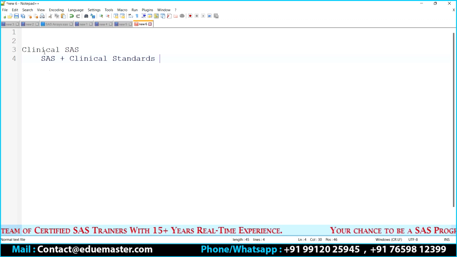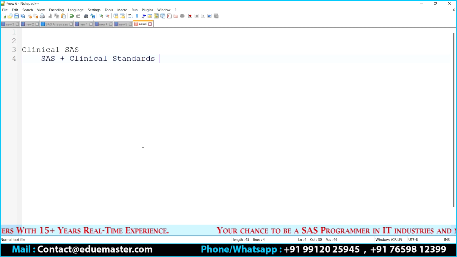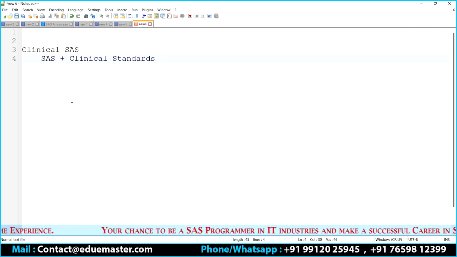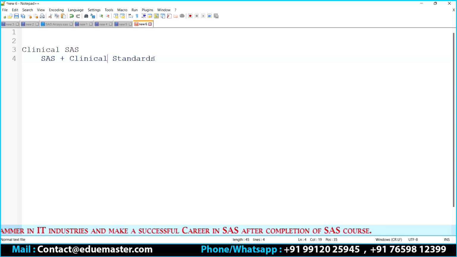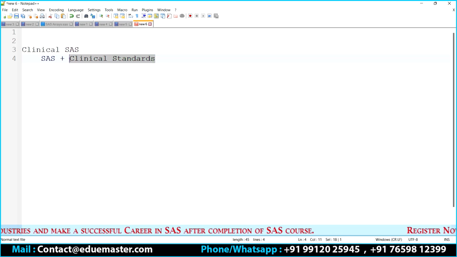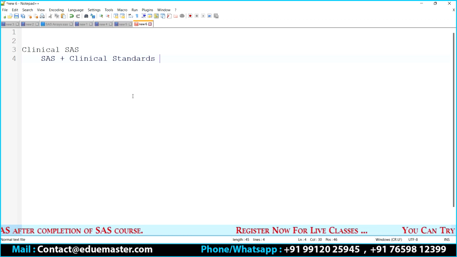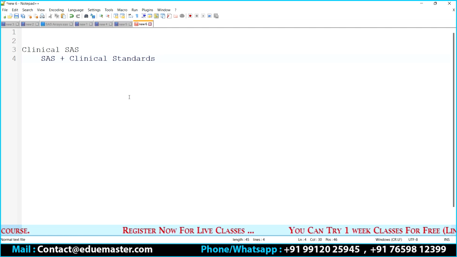And in clinical SAS, we don't teach anything related to SAS syntax or SAS procedures. I don't deal with any of that. Instead, I'll be concentrating most of my time on explaining the clinical standards, all the clinical domain related stuff. There are so many domains we're going to discuss one after the other.